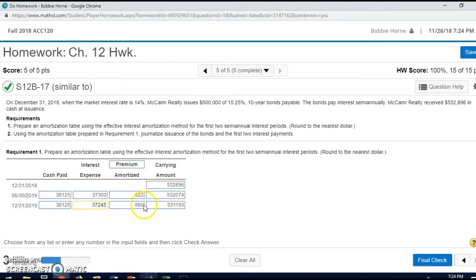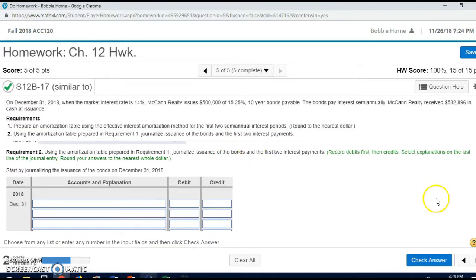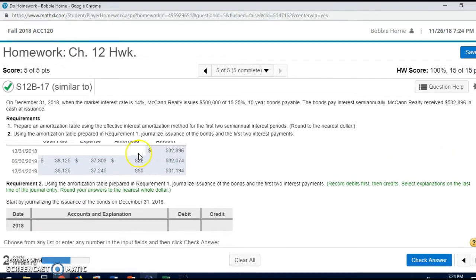And the difference between those two numbers, 38,125 minus 37,245, is 880. And then I think that would just be $1 off. So rounding can really throw you off if you forget. I forgot to round up on this one.